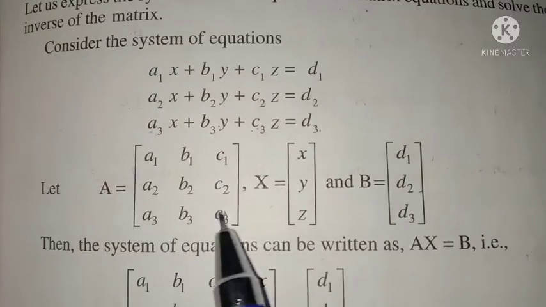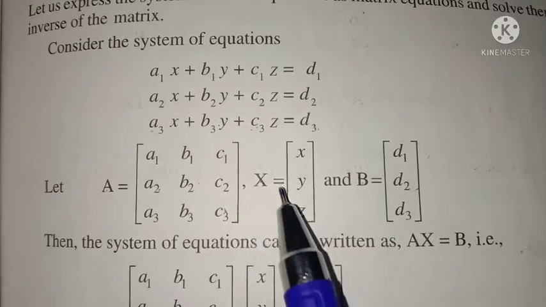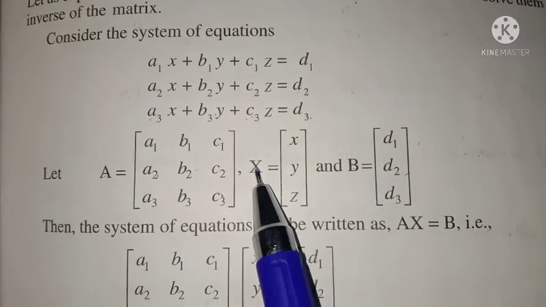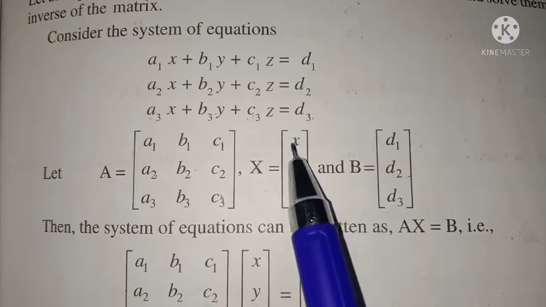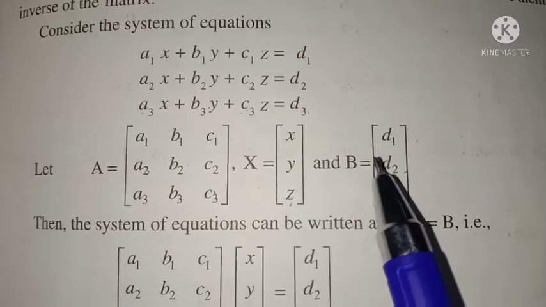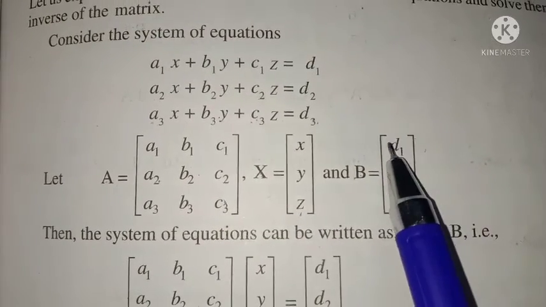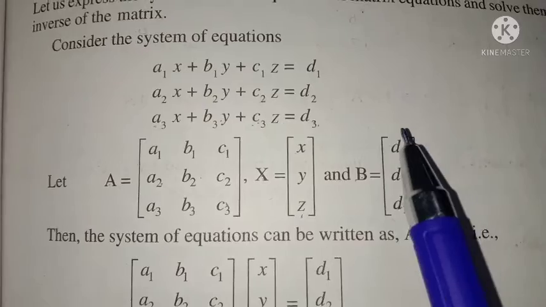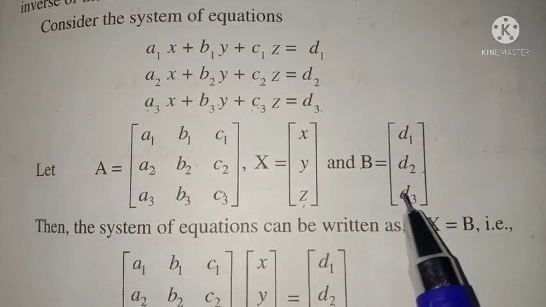Now X is the column matrix of the variables x, y, z. Then B is another column matrix having the constant terms d1, d2, d3.